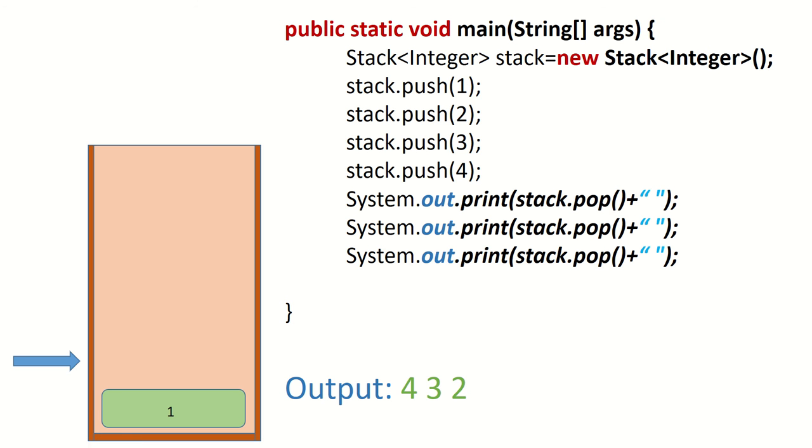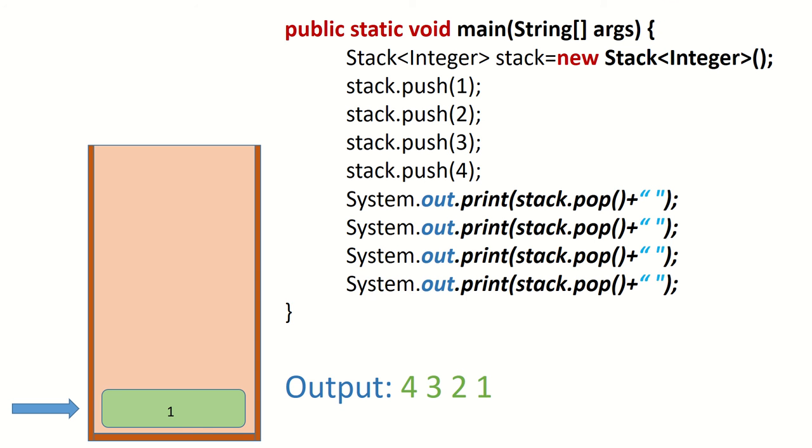It will remove 2 from the stack, the top pointer will point to the next element, and the 2 is printed in the output. Let's call the pop method again. 1 will get removed and it will be printed on the console.